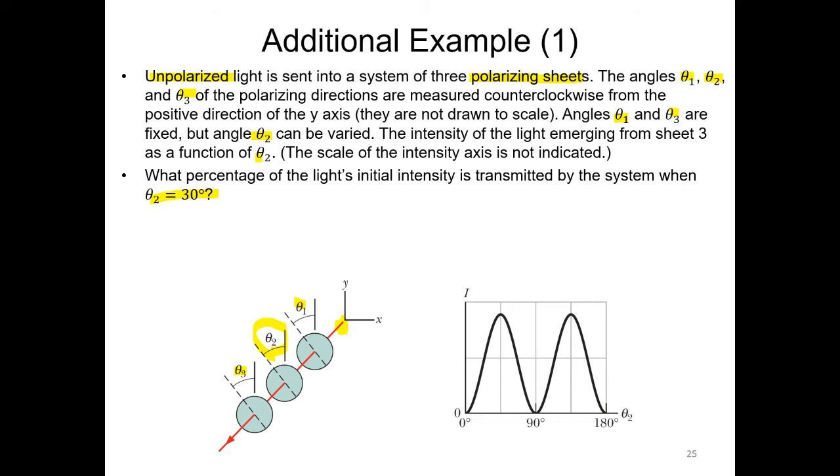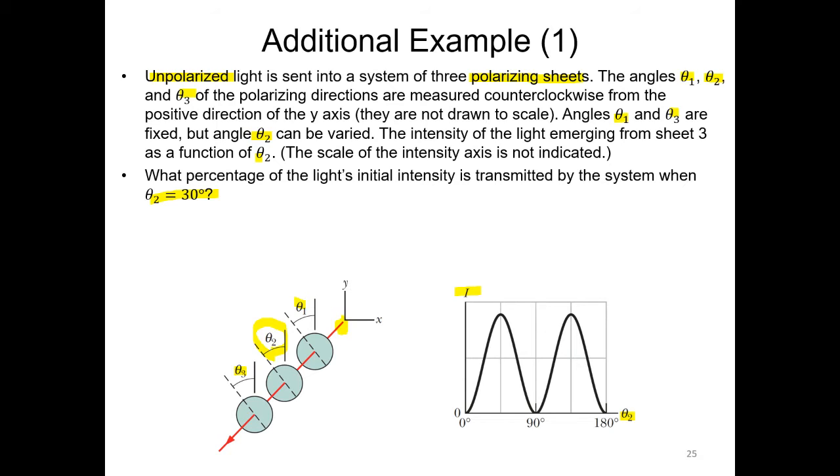So actually we need to observe this figure. On the x-axis, we can vary theta 2 from 0 to 180 degrees. It's not reasonable to extend it to 360, because 0 degrees and 180 degrees are actually the same, so there's no point in extending this x-axis.